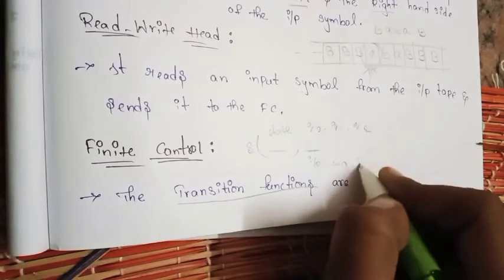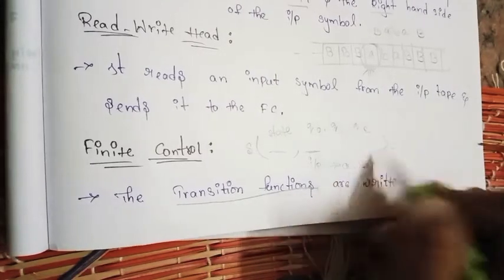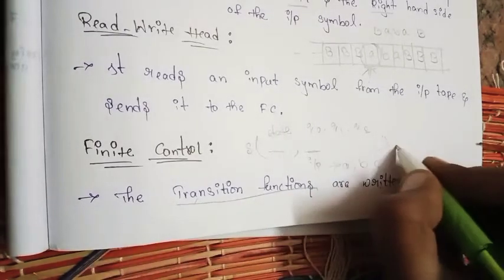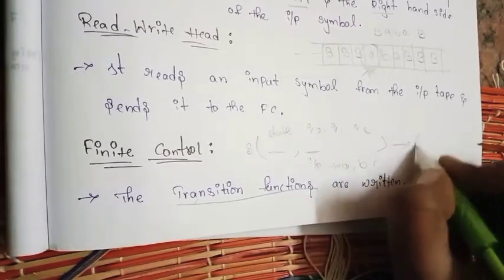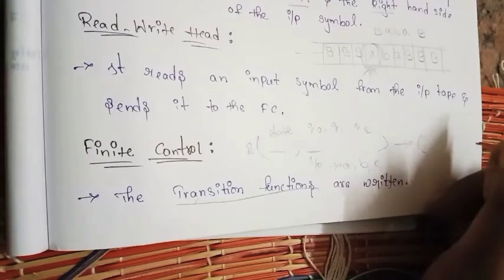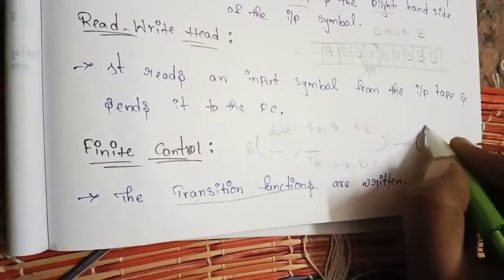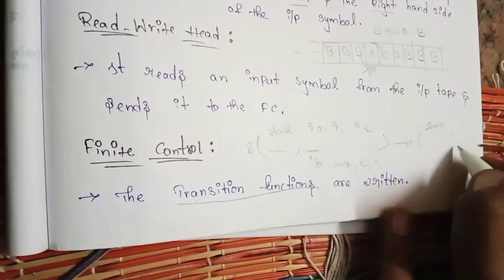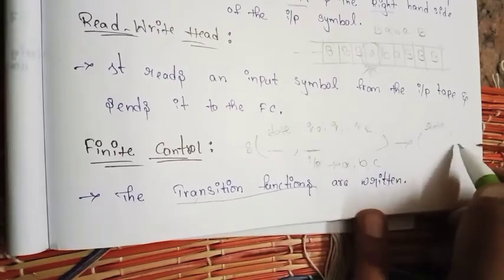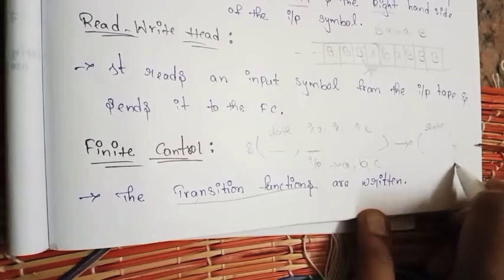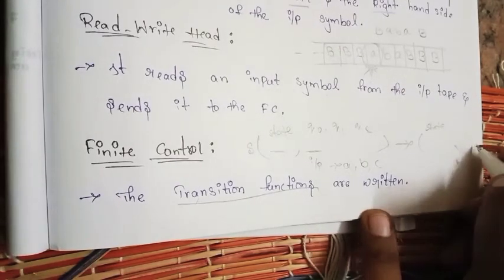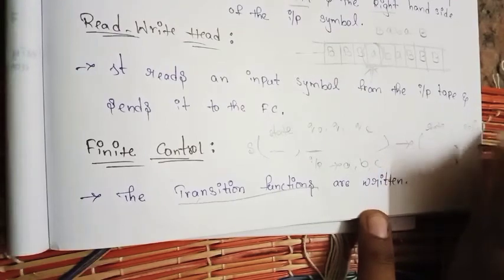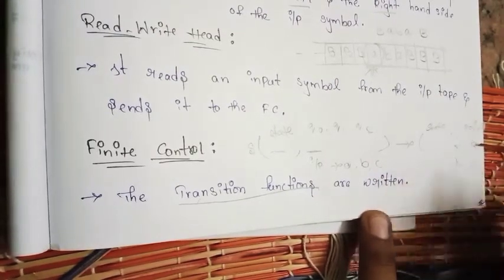Input symbols means A, B, C, like that. So this is the form of writing a transition function, and here it will give the output as the next state, and the element is changed into X or Y, and at last this is the place for the position, either right side or left side.